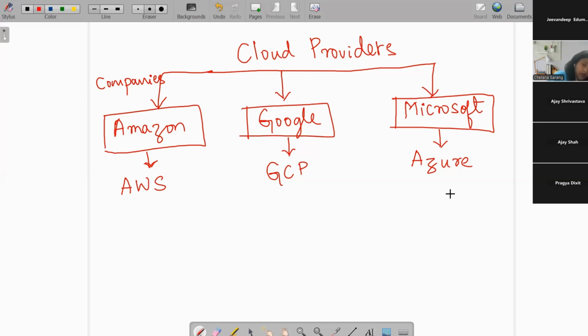So now tell me, among these three, whom do you think holds the largest market share, highest market share? Amazon. Last time you told us. Yeah, right. Last time you told us it's 31%, if I'm not mistaken. Yeah, I think so. You were there in the last session. Yeah.